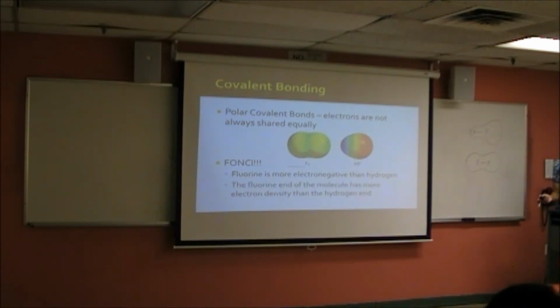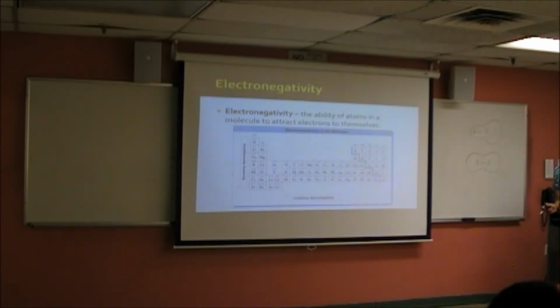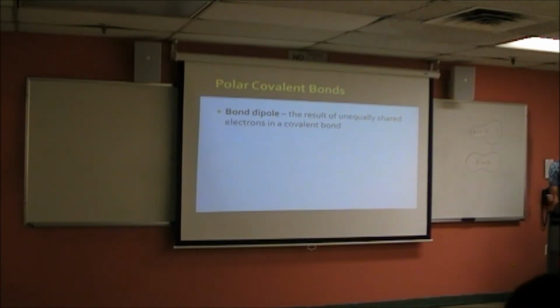Alright? So, your electronegativity trend is going to increase going to your right on your periodic table, as well as decreasing going down. You get that? Right. So we have something called your bond dipole.